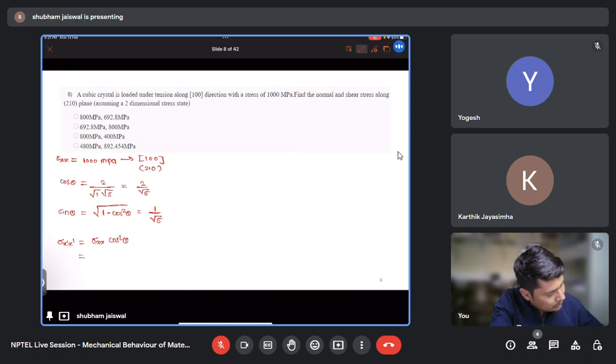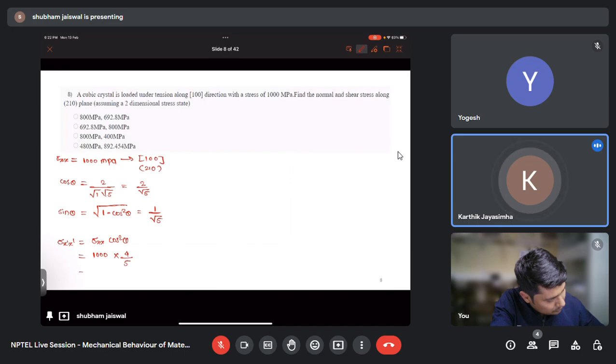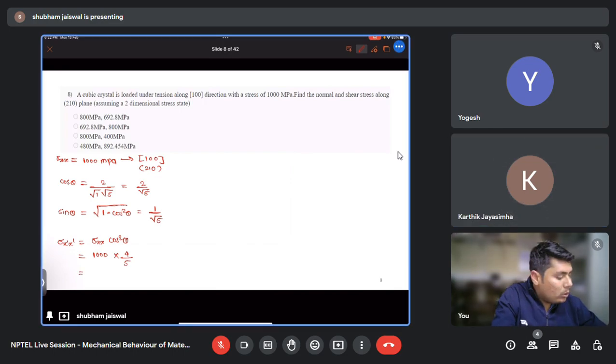Sigma xx is 1000 into 2 by root 5 whole square. 2 squared is 4 and under root 5 squared, we will remove the under root. So sigma xx prime comes out to be 800 MPa.